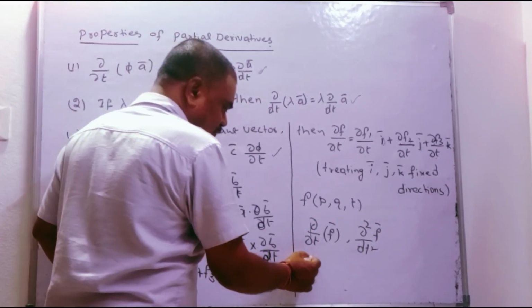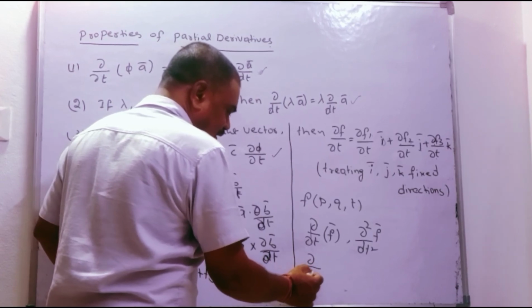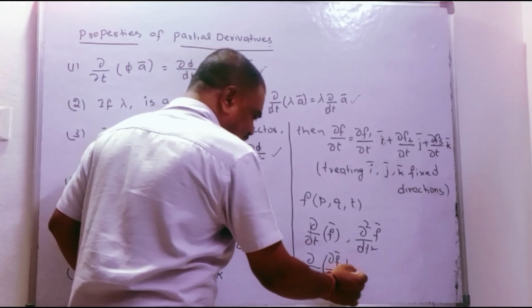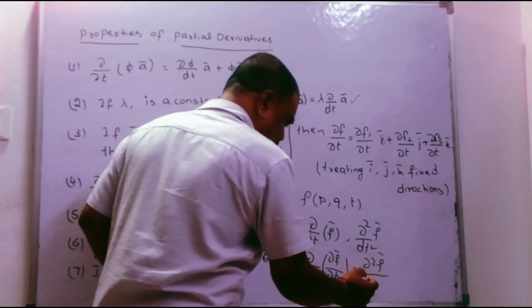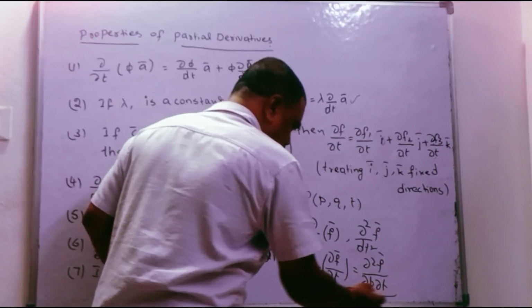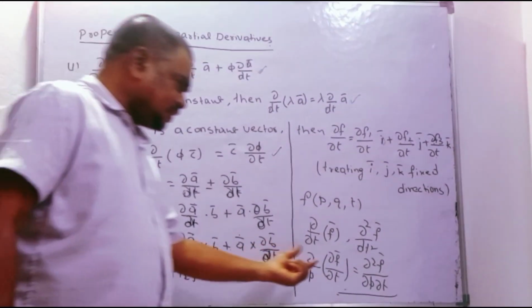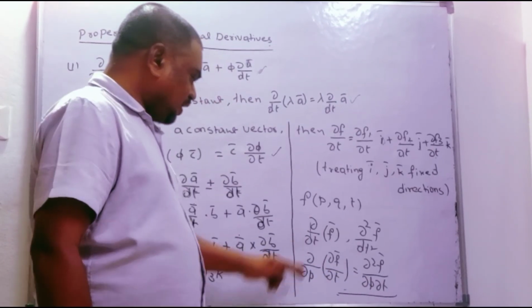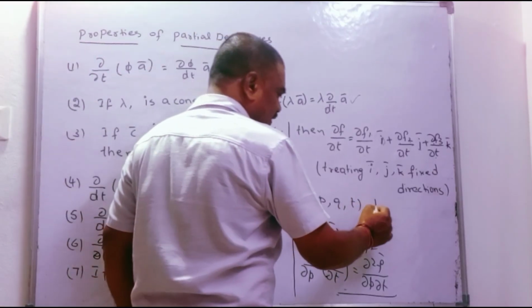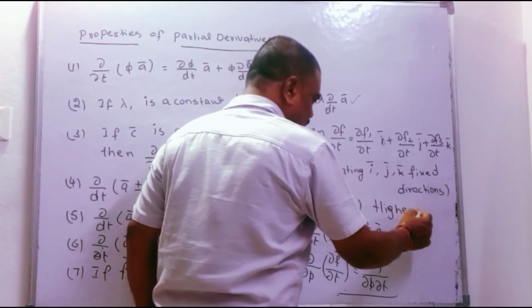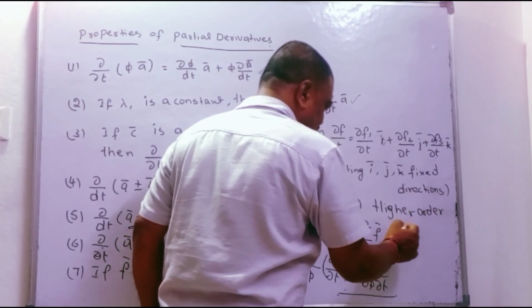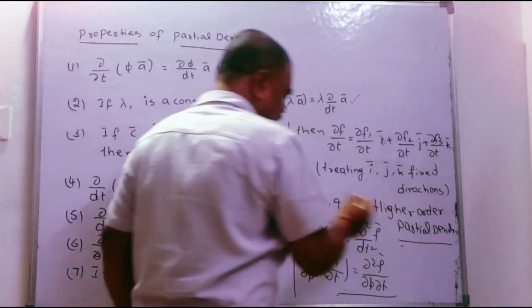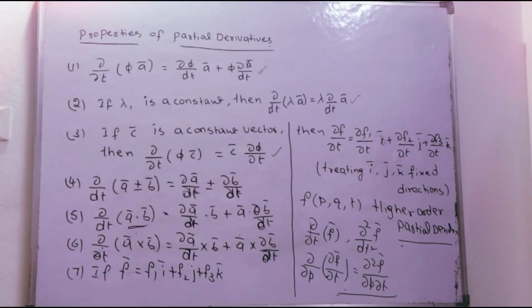And also dou by dou p of dou f bar by dou t can be written as dou square f bar by dou p dou t. Here we take the first derivative with respect to t, after that the derivative with respect to p. So these are the higher order partial derivatives. Okay, all of you.